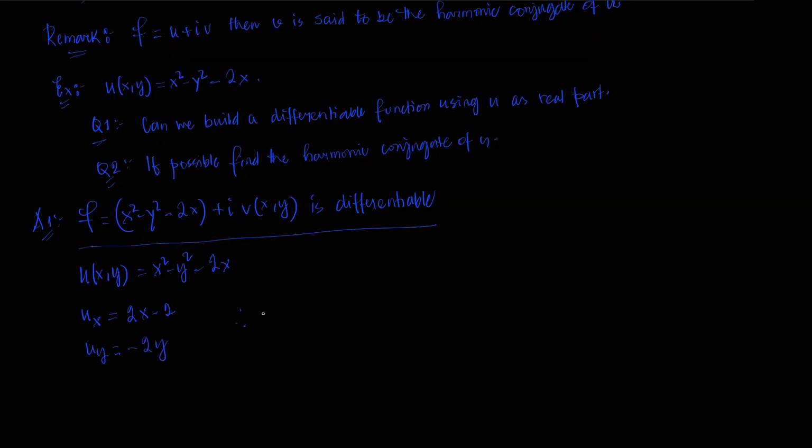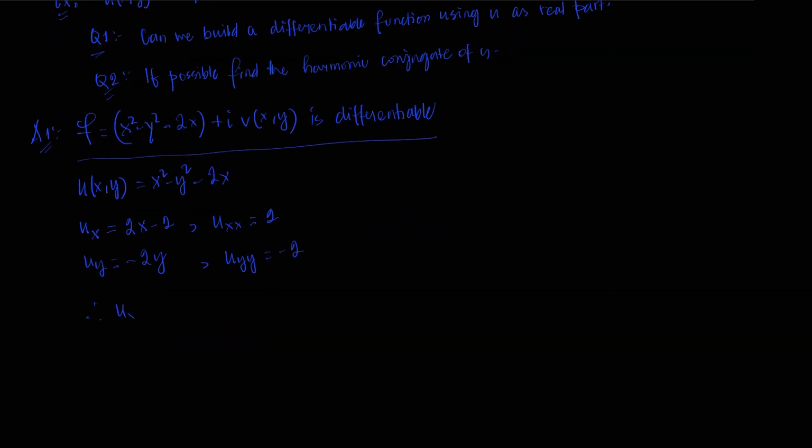Now u xx is 2 and u yy is minus 2. Therefore u xx plus u yy is equal to 0.